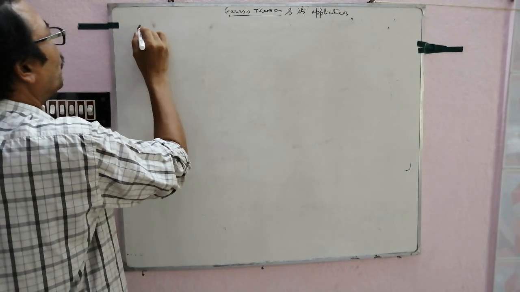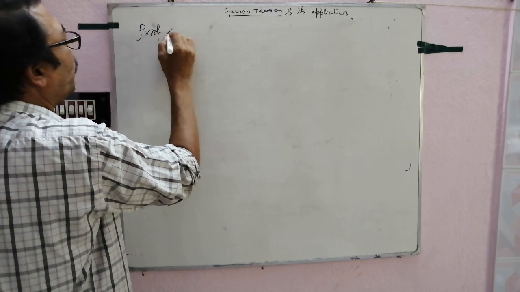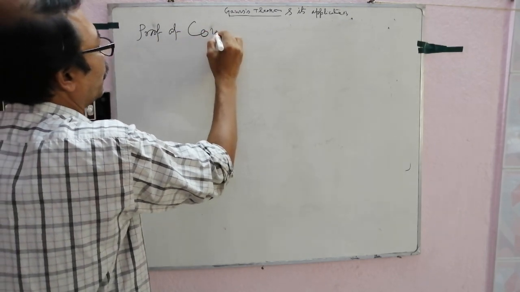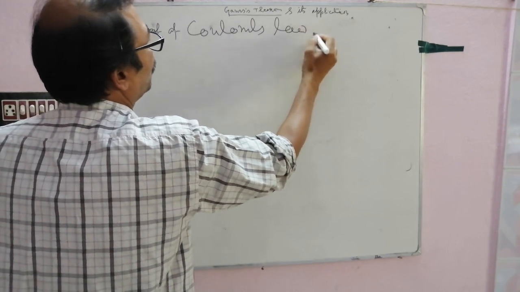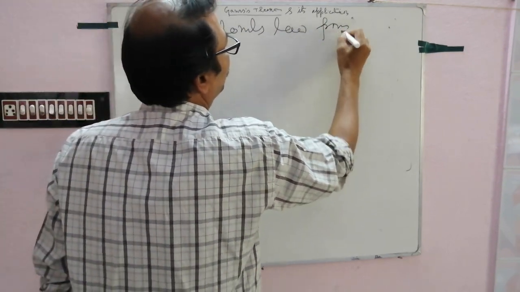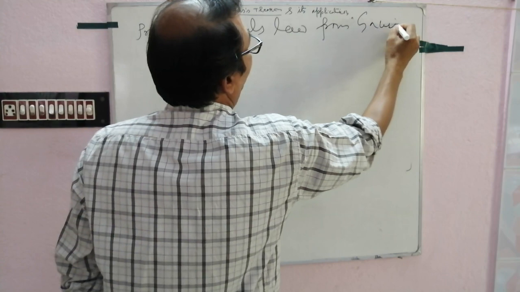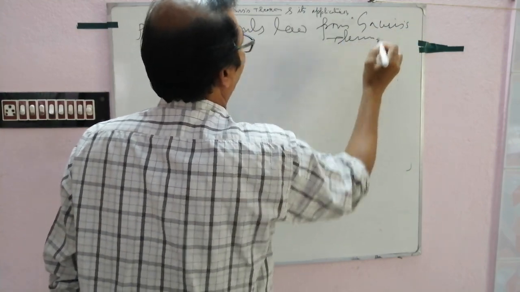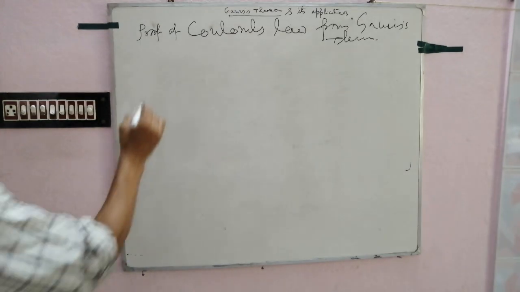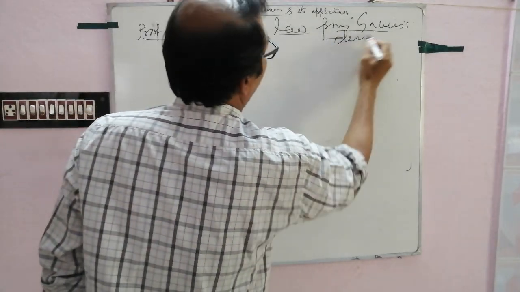Proof of Coulomb's law from Gauss's theorem. Clear this point. Proof of Coulomb's law from Gauss's theorem.